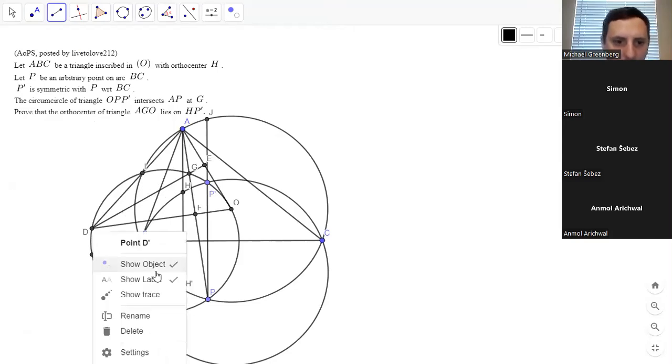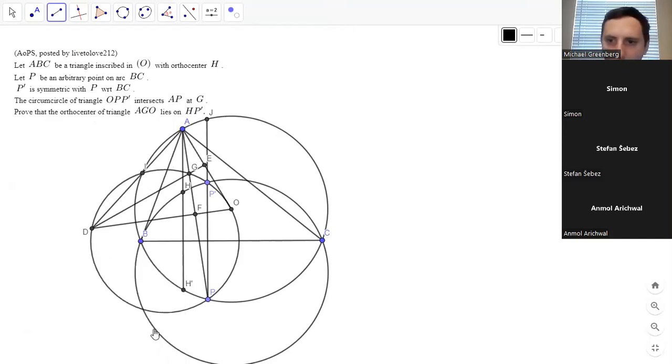All right, so looks like we solved it. Okay, so we have angle H P prime P is angle DIP, which is ACP, which is AJP. In fact, we could skip the ACP.